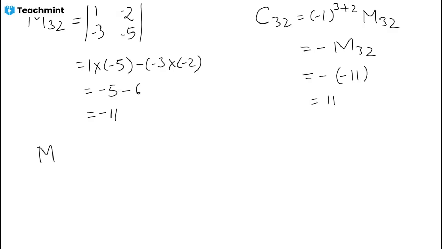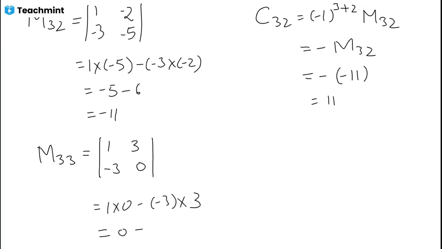Now let us find M33. Leave the element of third row and third column. 1, 3, minus 3, 0. So 1 into 0 minus 3 into 3. So 0 minus 0 plus 9, because minus minus plus. So we have 9.